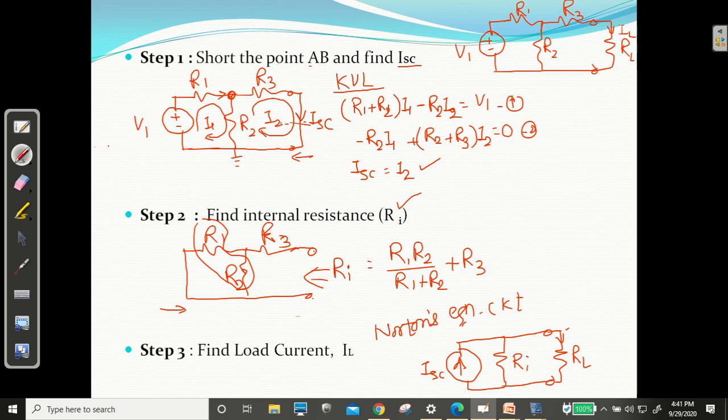And what is IL? IL equal to ISC into RI upon RI plus RL. That is the formula we have. In this way you will calculate the IL.